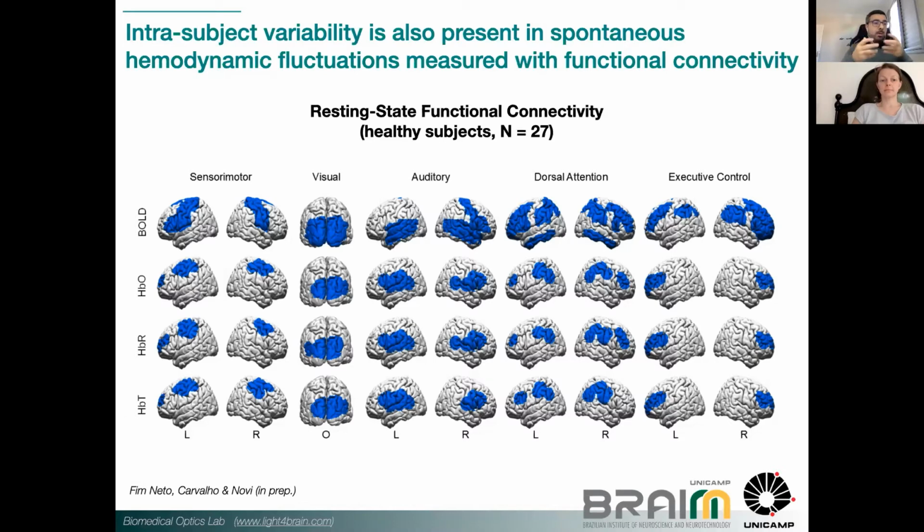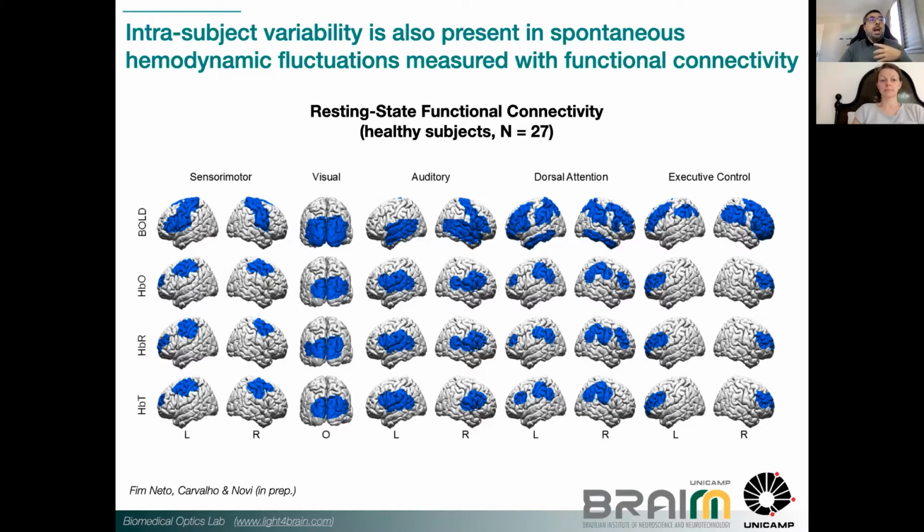You can compare them quantitatively by computing the correlation coefficient. And if you do that, people have shown that you can find what are called resting state networks, which are regions that are mostly connected with each other.